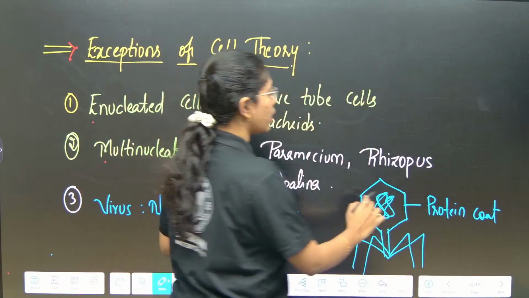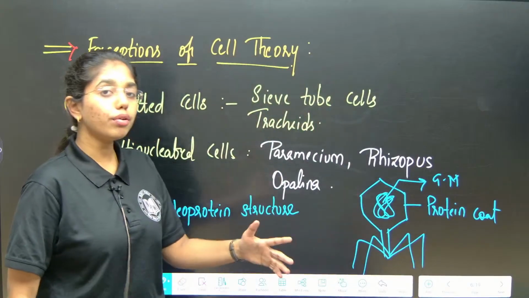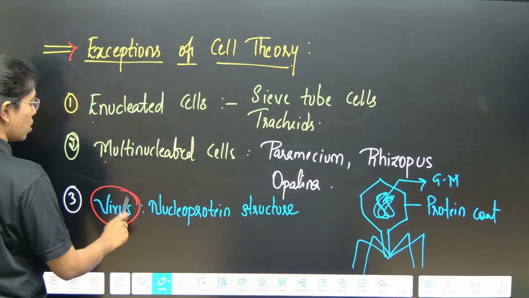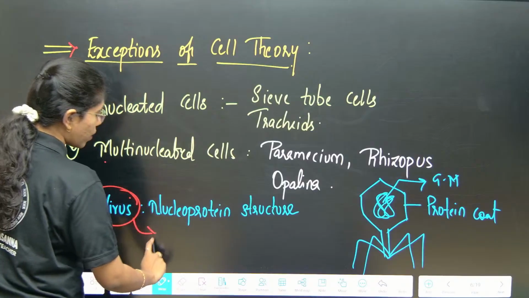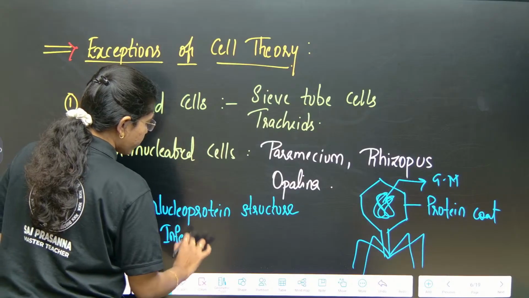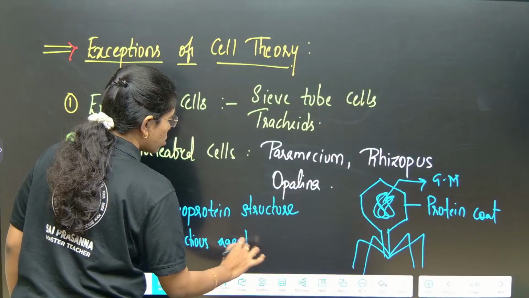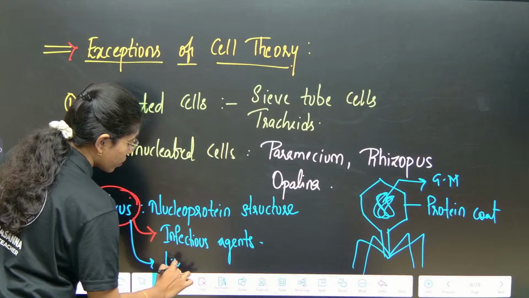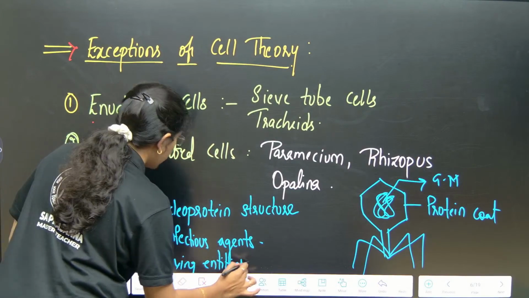There is no nucleus, no cytoplasm and no cell membrane. So, viruses are the major exception to cell theory. They are known as nucleoprotein structures or infectious agents, or living entities but not a living cell.